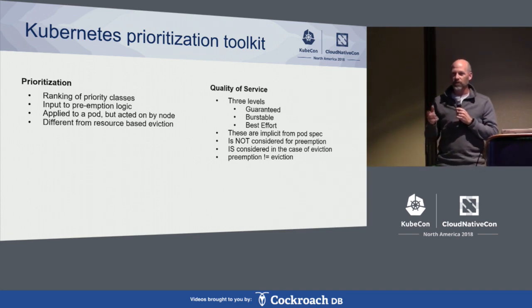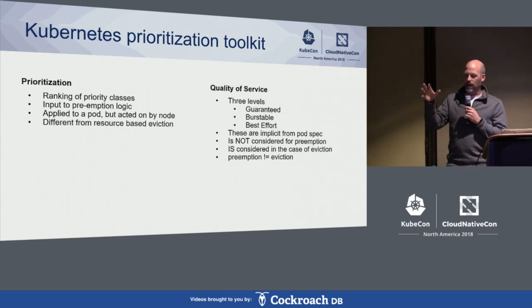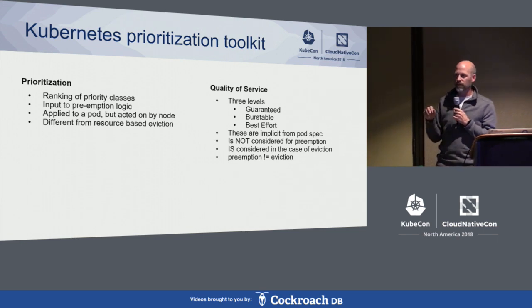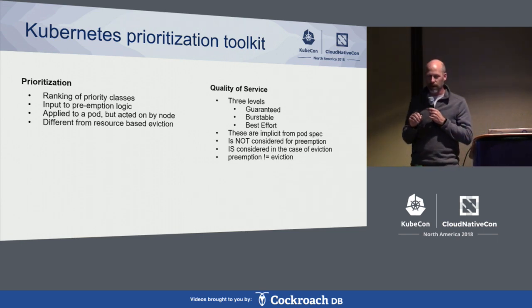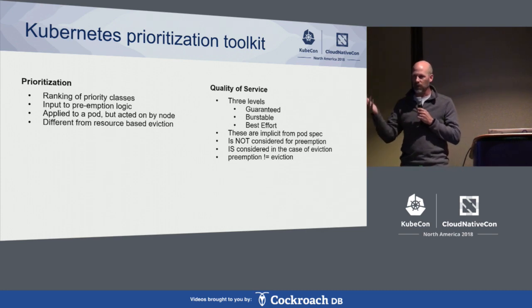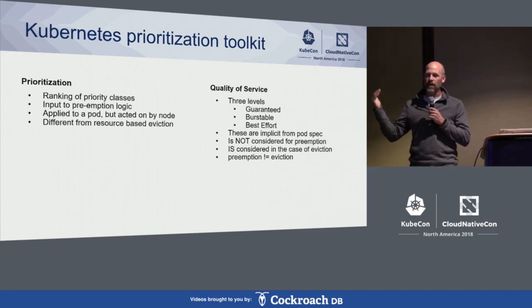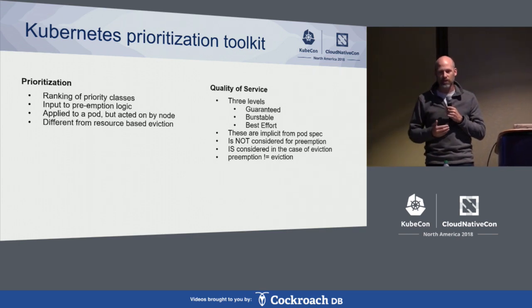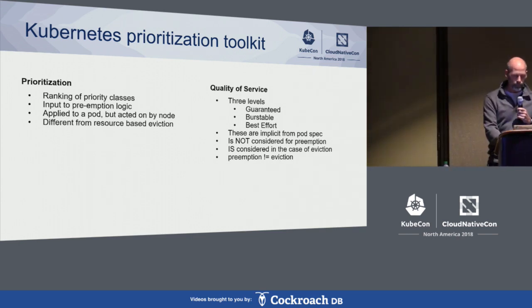If you're in an edge environment, say in a retail location, and you're running some point of sale services, those you want to be very high priority, high quality of service. And you may have some inventory updating workload that, if it has to be preempted and moved to later in the day or when the time is quieter, you certainly don't want that workload causing churn on your high priority workloads.